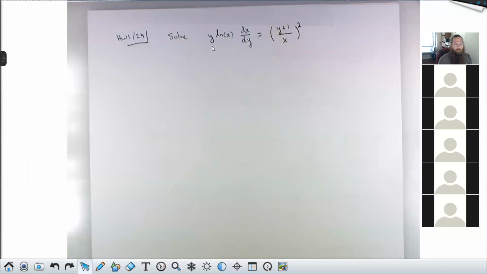And I think it is safe to assume that y is still meant to be the dependent variable and x is still meant to be the independent variable. Meaning if we're going for an explicit solution, we would like it solved for y.